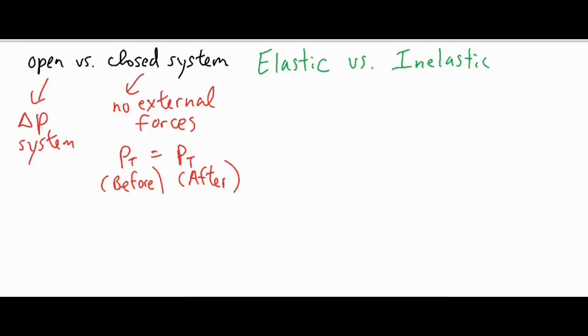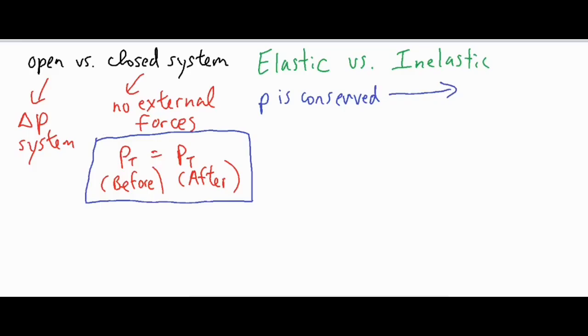For both of these, momentum is conserved, which means this right here is the total amount of momentum of all objects within our system before the collision and after the collision will be exactly the same.